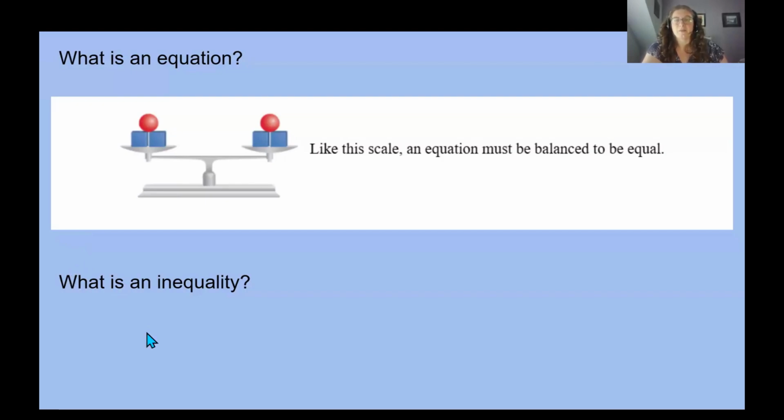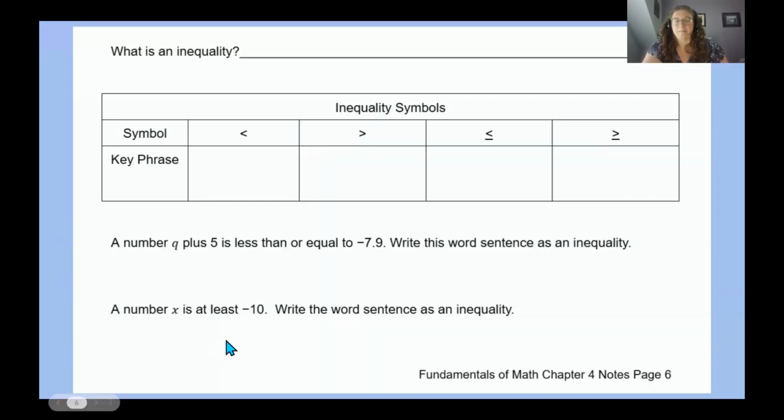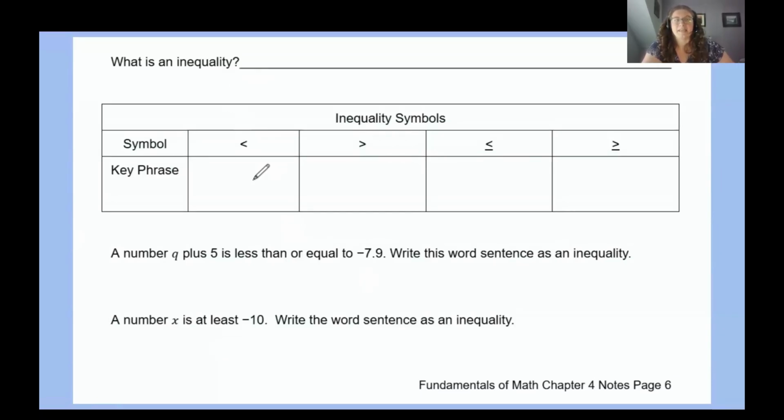Right? So if you look at your notes on page 6, it asks you at the top, what is an inequality? And we're going to fill in our notes there that an inequality compares two expressions.